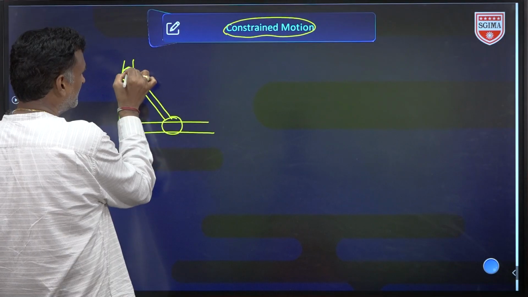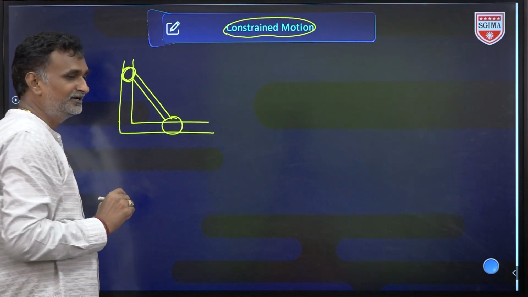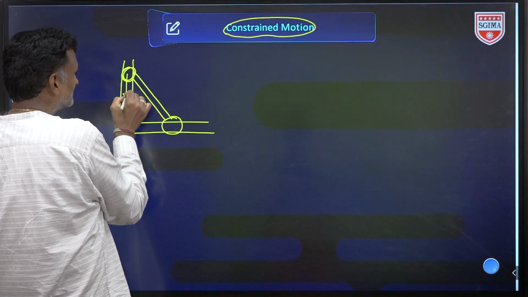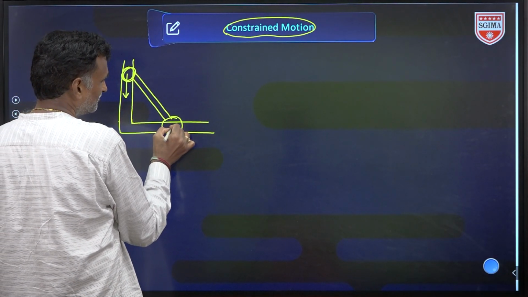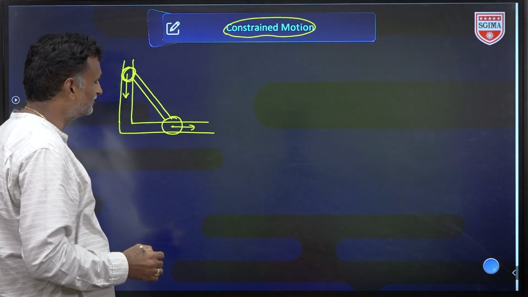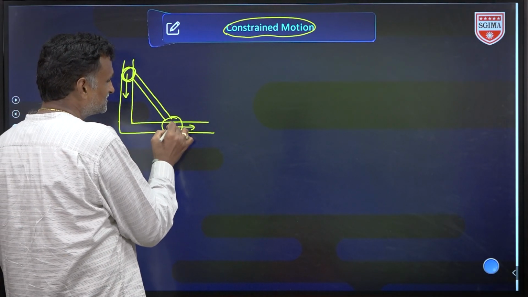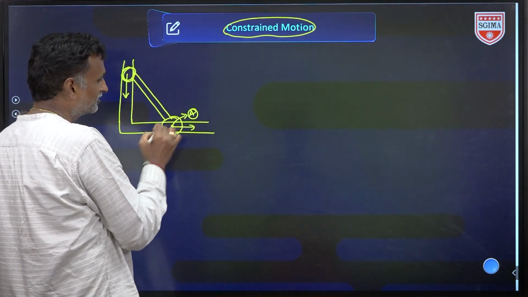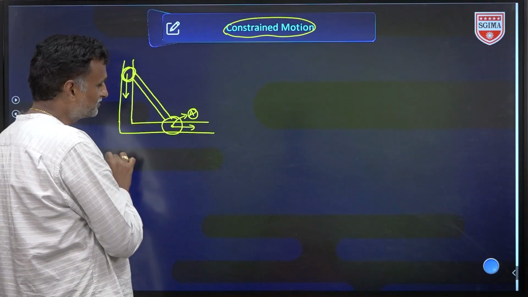This roller or wheel is fixed in the track. So, it should move along this direction, and the latter one should move to the right side. Suppose we assume this point is A of the rod, the wheel joining point.